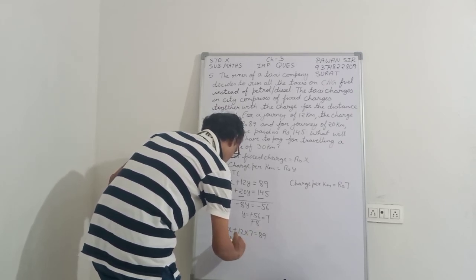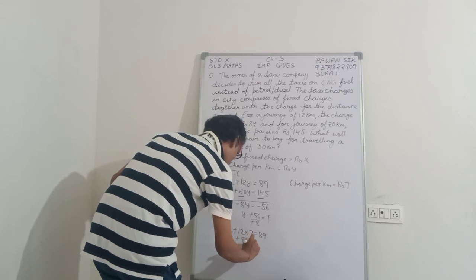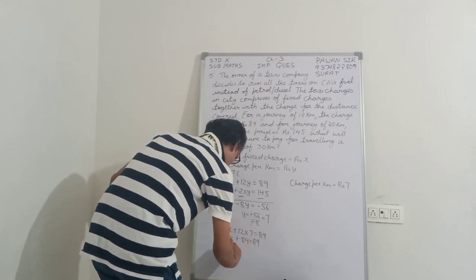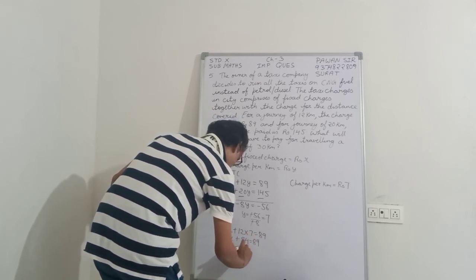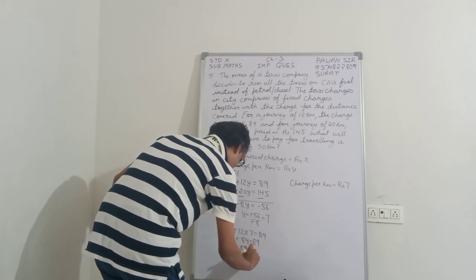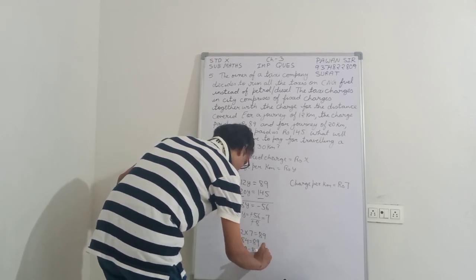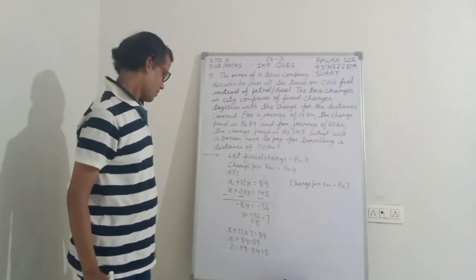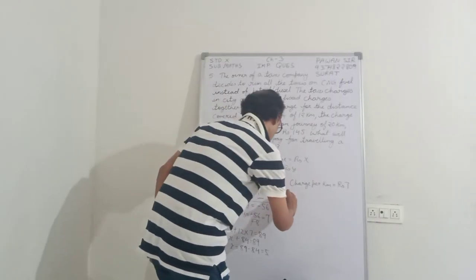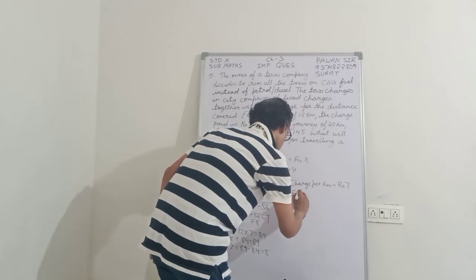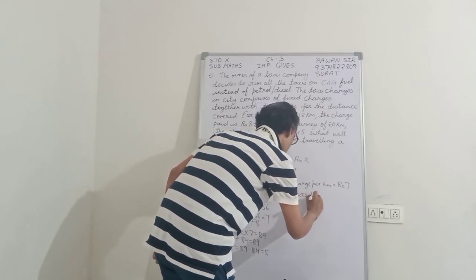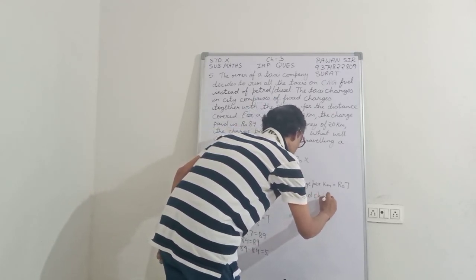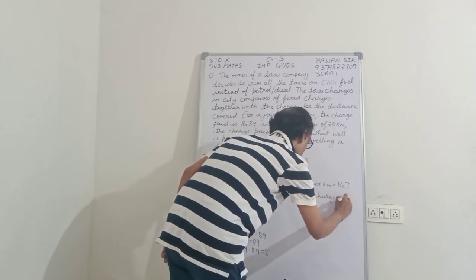So x plus 84, it is equal to 89. It means x equal to 89 minus 84. So it is equal to 5. So therefore the fixed charge is 5 rupees.